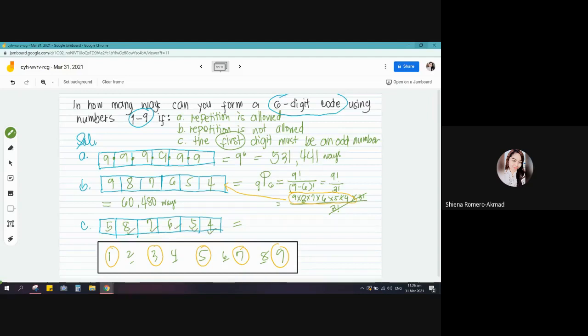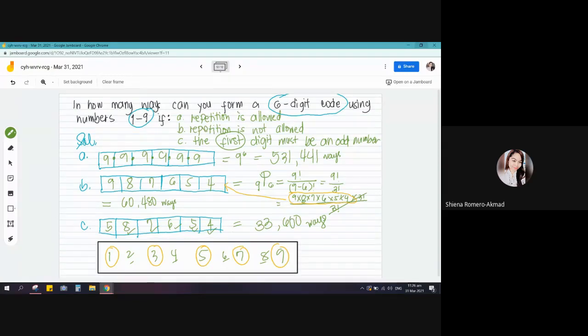So what will be our answer here? We have 5 times 8 times 7 times 6 times 5 times 4, that is 33,600. Tama ba ang rinig ko? Yes po. Okay.